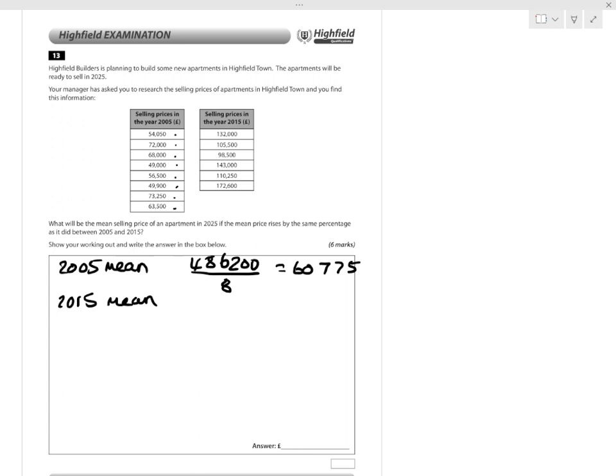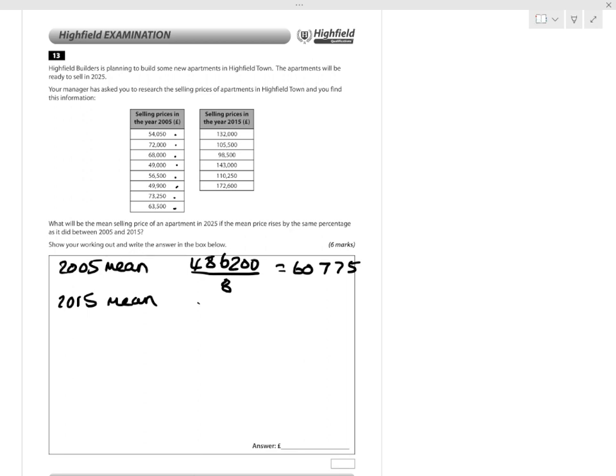Yeah, so we've got 132,000 plus 105,500 plus 98,500 plus 143,000 plus 110,250 plus 172,600 equals.